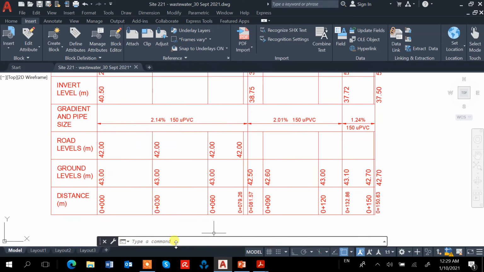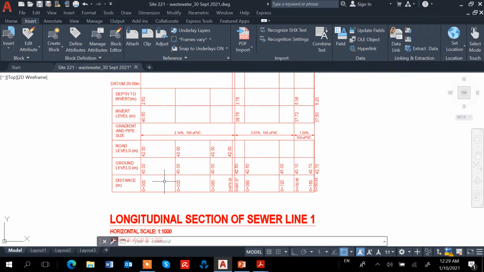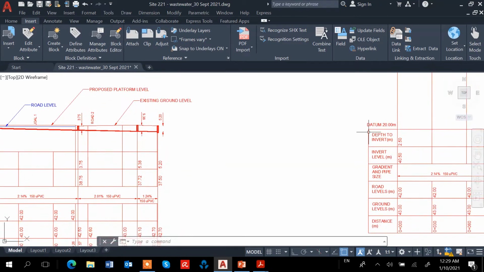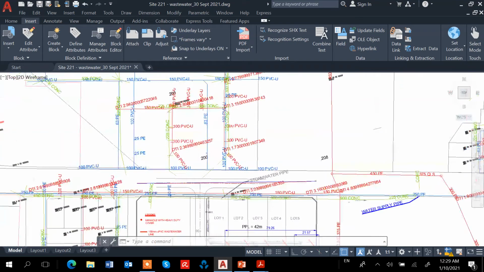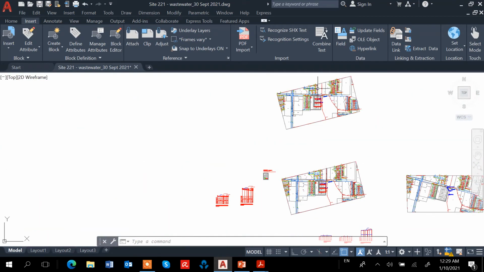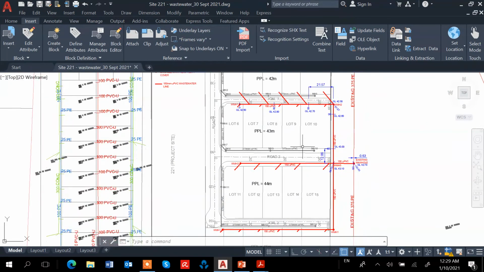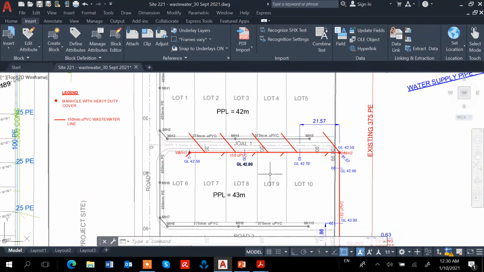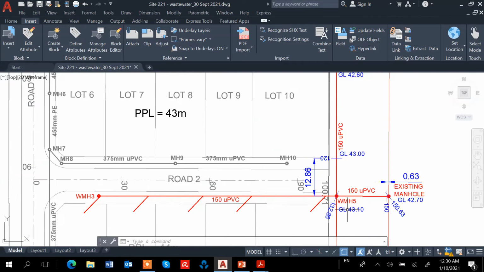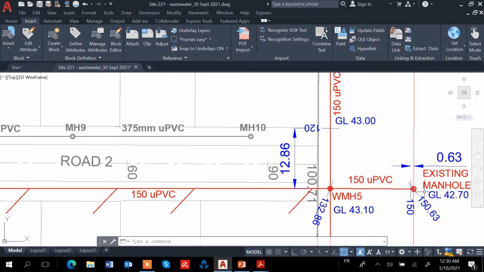We will do the distance, then the ground level, then the road level, because our sewer 1 is along the platform of lots 6 to 10, then goes outside the boundary, along here, and into the existing manhole.